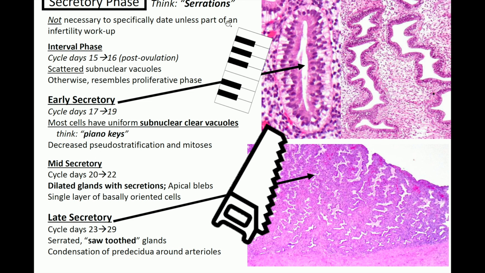Next up, we have the secretory phase. So think serrations. It's not necessary to specifically date the endometrium unless it's part of an infertility workup.